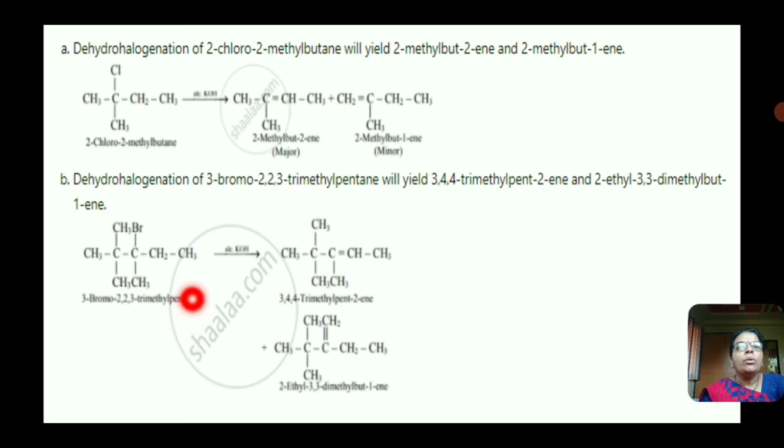When it undergoes dehydrohalogenation in presence of alcoholic KOH, it forms 3,4,4-trimethylpent-2-ene, and the second product is 2-ethyl-3,3-dimethylbut-1-ene.